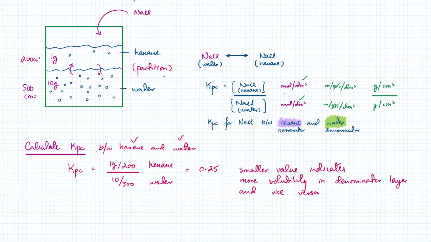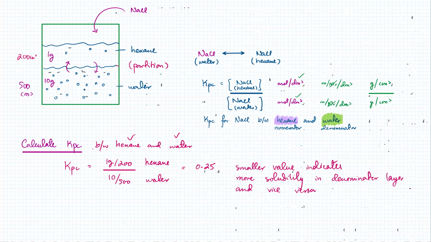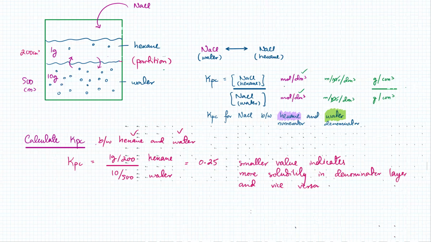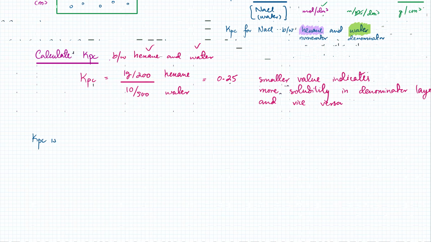Now the second type of question is that they'll give you KPC and you would have to figure out the reverse. So the second type is where KPC is given. We already know what the KPC is. KPC is 0.25.